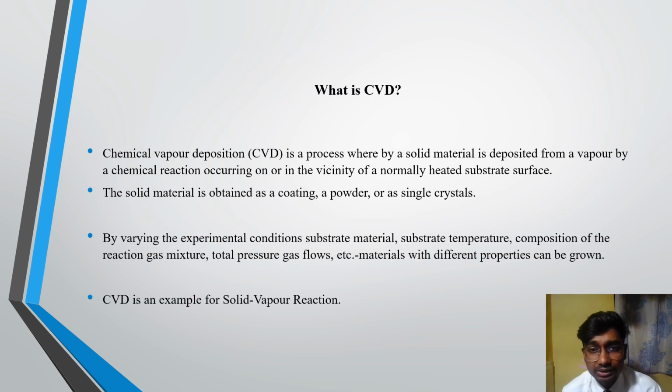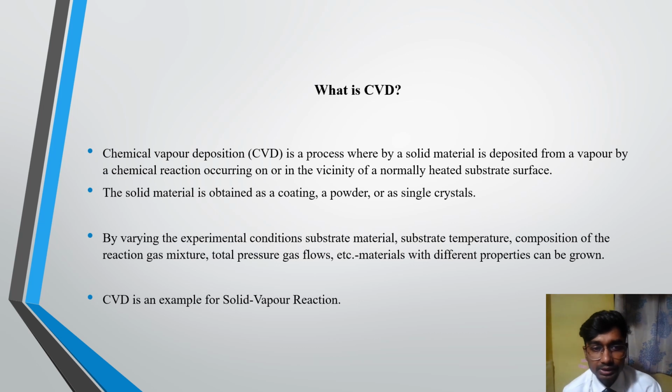Let's understand what CVD, or chemical vapor deposition, is. Chemical vapor deposition is a process whereby a solid material is deposited from a vapor by a chemical reaction occurring on or near a normally heated substrate surface.